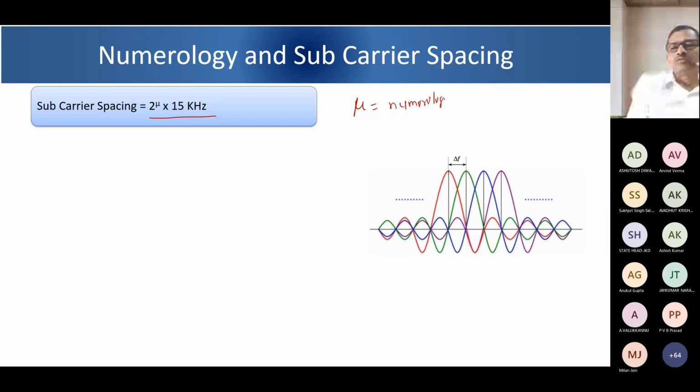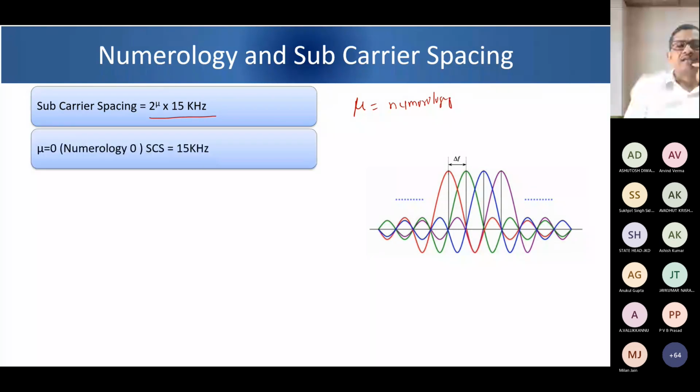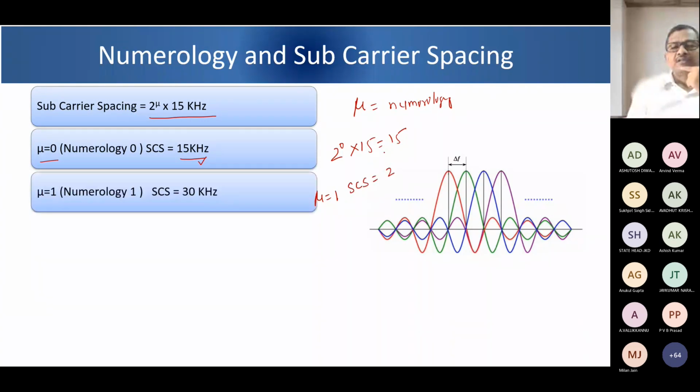So when we say numerology is 0, that means my subcarrier spacing is 15 kilohertz, because 2 to the power 0 into 15 is 15. Can you tell me, if numerology is 1, what will be my subcarrier spacing? 30 kilohertz. Yes, that will be 30 kilohertz, and so on.